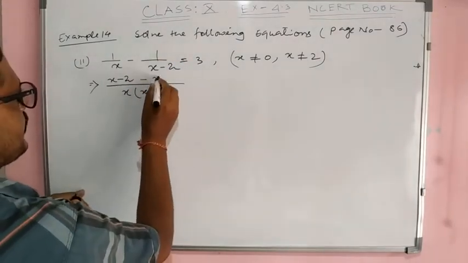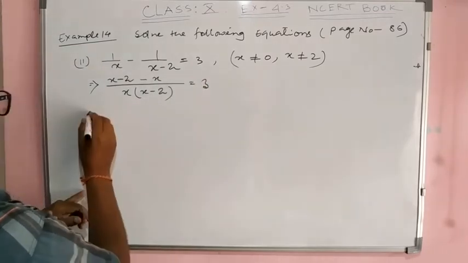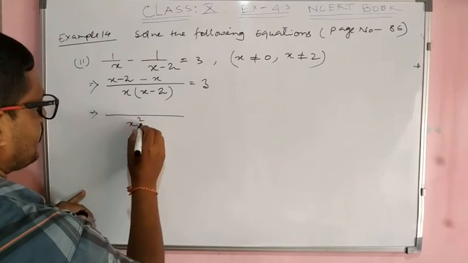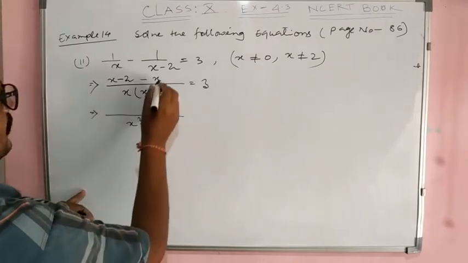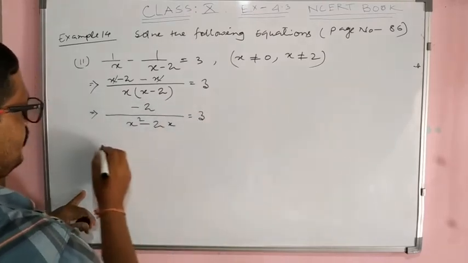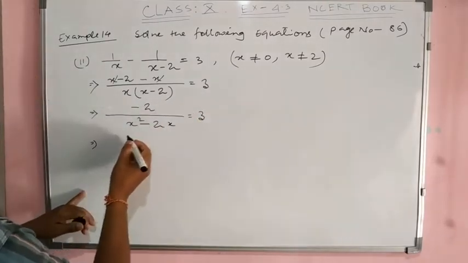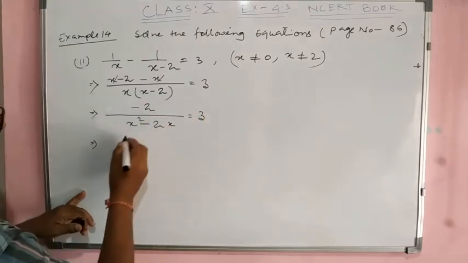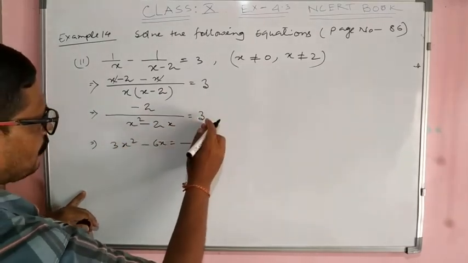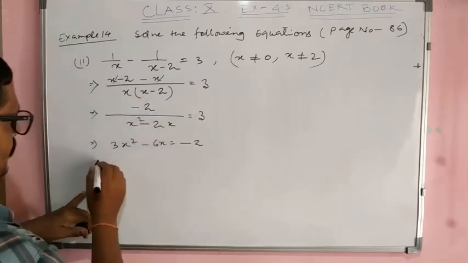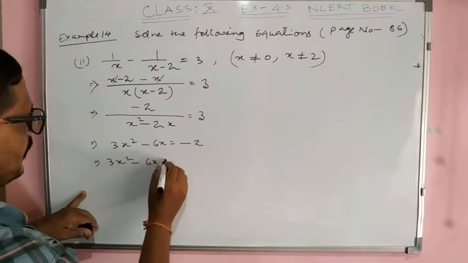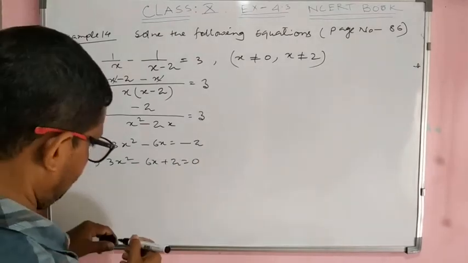So it will be minus x equal to 3. So you see here, x minus 2x cancels, it will be minus 2 and this will be 3. Now do the cross multiplication. There is 1, so this is 3x square minus 6x, and 1 this side, so minus 2. Now it will be 3x square minus 6x plus 2 equal to 0.